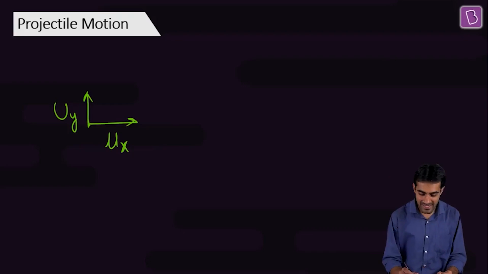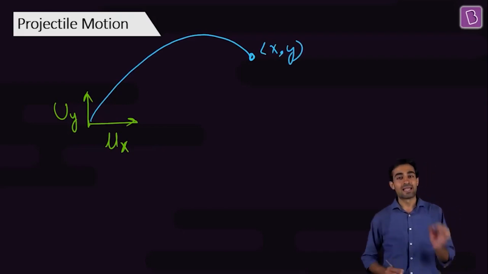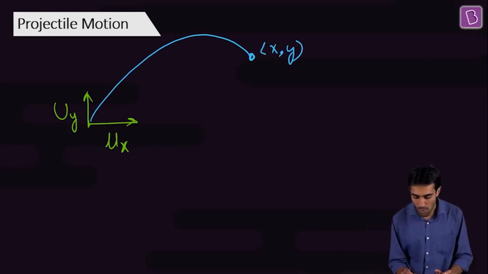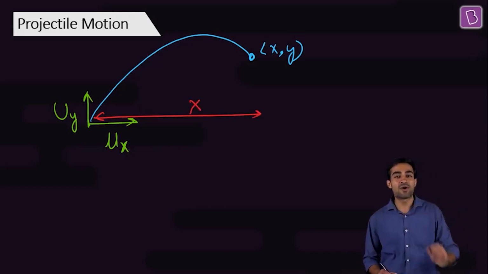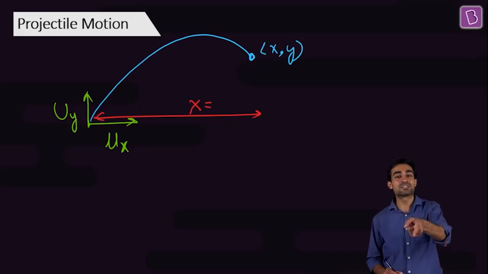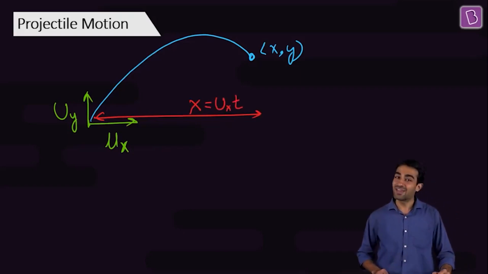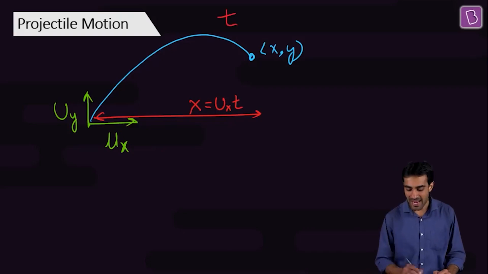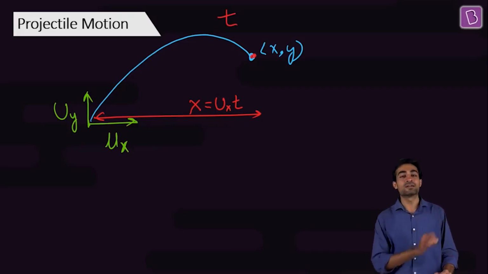Now, let's say the particle is somewhere over here. x comma y is the coordinate. Now, we can see that there is some horizontal component of displacement which is x. What is the value of this x? x is equal to ux times time t. Very good. So the particle at time t has the coordinate x and y, and the x component is ux times t.